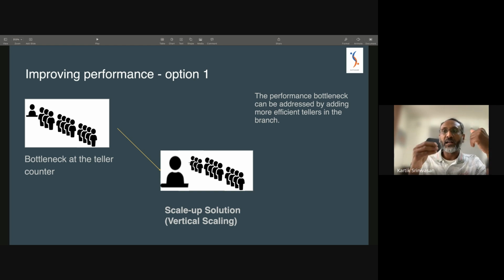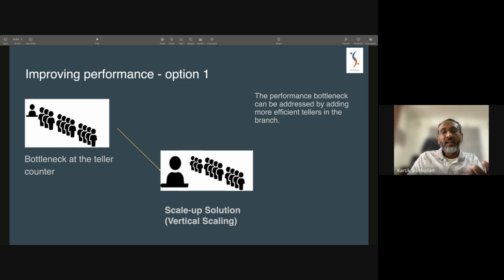And I can do that by adding a more efficient teller, which in the context of software systems could mean that I dropped my one CPU machine and replaced it with a four CPU machine. That's why the size of this person is a little bigger, for example. So I have vertically scaled the problem area by adding more capacity or more efficiency, and therefore the solution works, right?